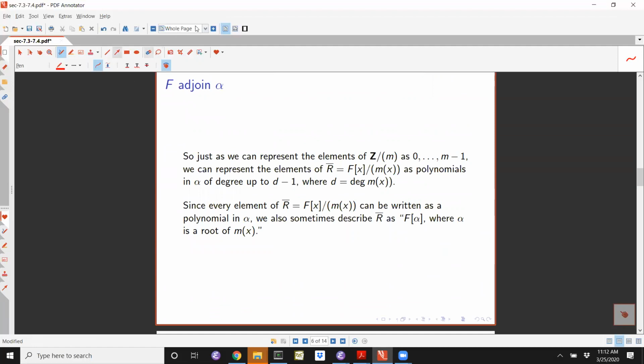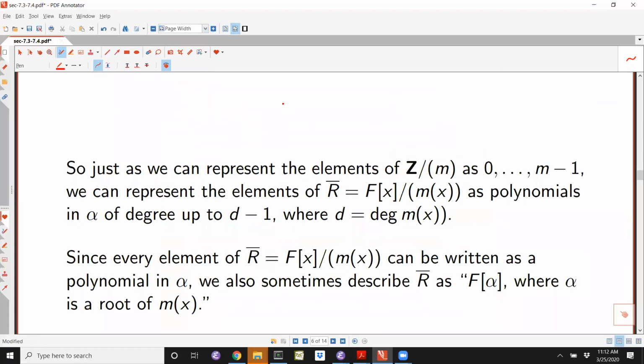Just as we can represent the elements of Z mod m as the integers 0 to m minus 1, we can represent the elements of R bar, which is f bracket x mod the polynomial m of x, as polynomials in the letter alpha of degree up to d minus 1, where d is the degree of m of x.